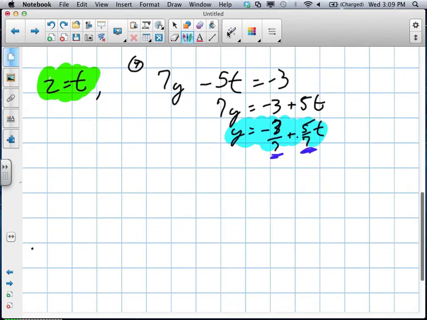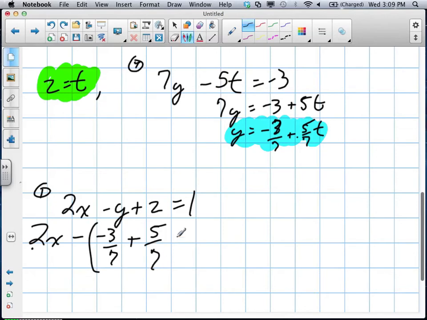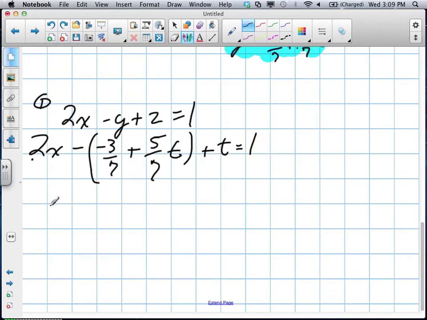So now that we've done that, we plug it into equation 1. Equation 1 read 2x minus y plus z equals 1. You take the parameters: 2x minus (-3 over 7 plus 5 over 7t) plus t equals 1. We're going to change these to fraction form when I bring the negative in.